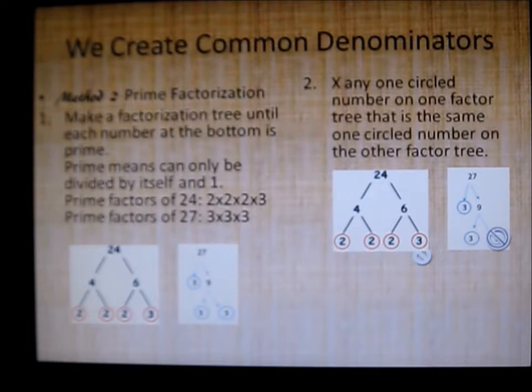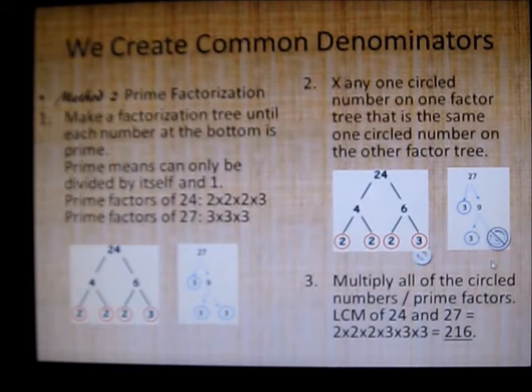Now, cross out any one circled number on one factor tree that is the same as one circled number on the other factor tree. Here we can see that 24 shares a 3 with 27. We're only crossing one off.